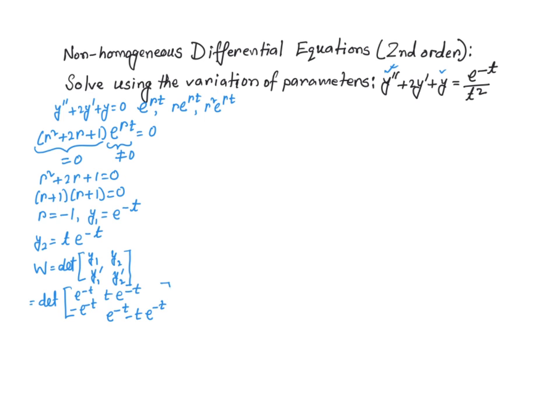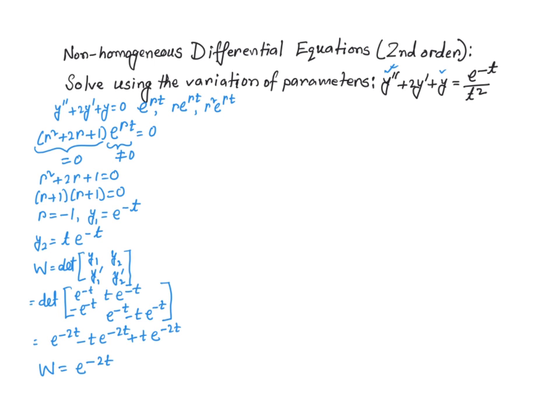I just used the product rule here. And the determinant is going to be e to the power negative 2t minus t times e to the power negative 2t plus t times e to the power negative 2t. And that gives me the Wronskian is equal to e to the power negative 2t.